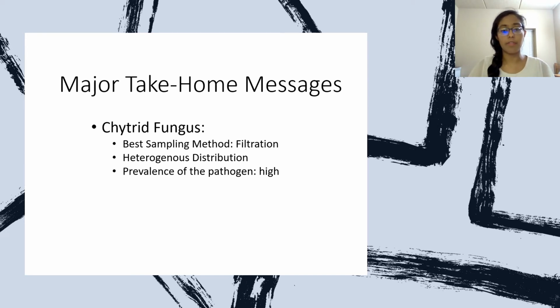Next, we can talk about the ranavirus results. The best sampling method for this pathogen was actually inconclusive, because there were only 2 positive detection sites in the precipitation method and only 1 positive detection site in the filtration method. And the sediment method we have not yet been able to PCR, so the best sampling method was inconclusive.